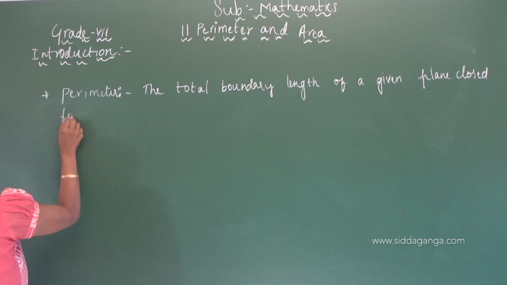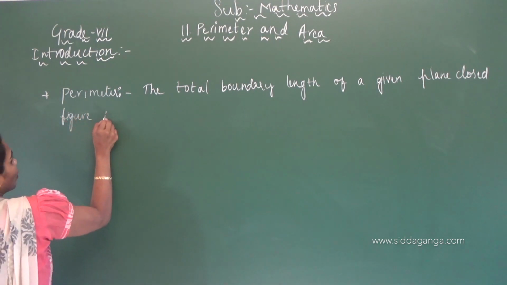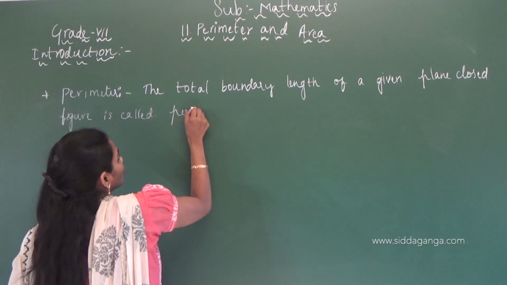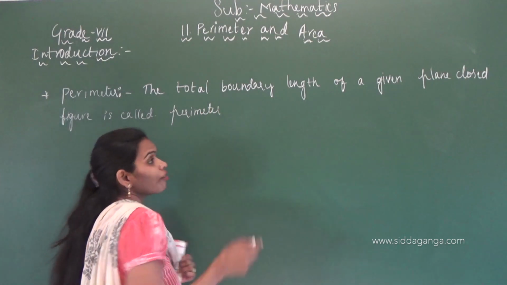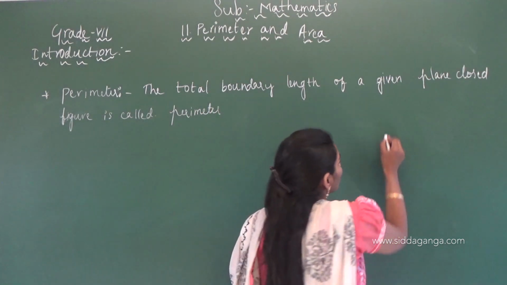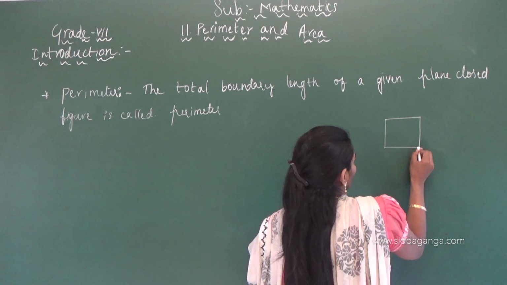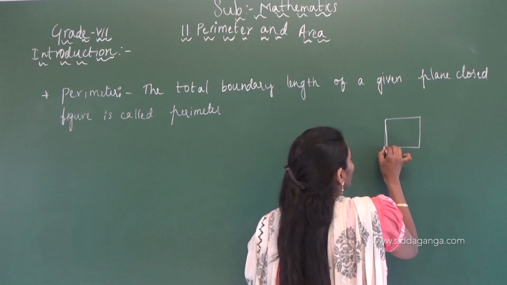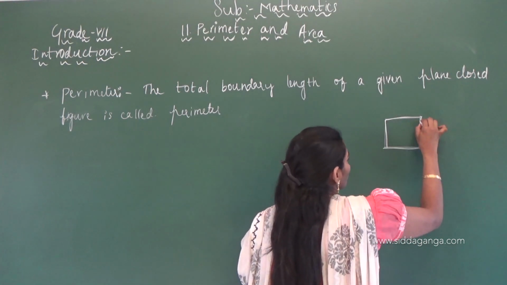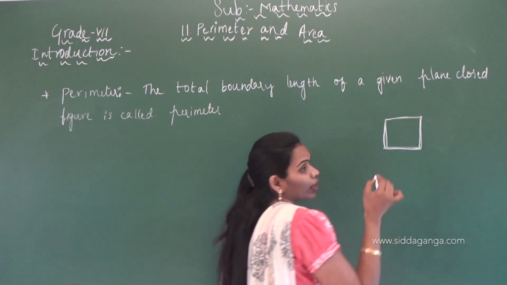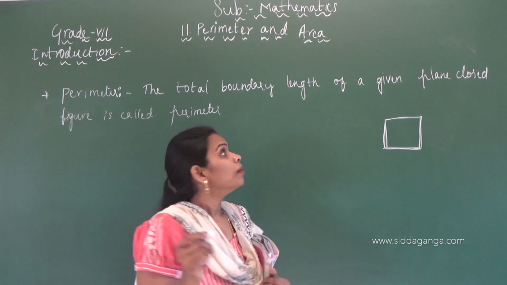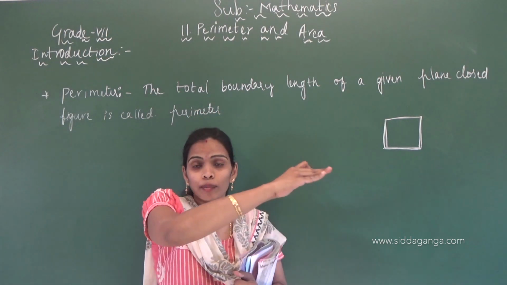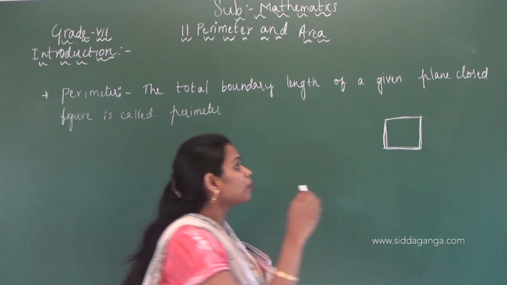If any plane figure is there, the total boundary length of a plane figure is nothing but perimeter. The total boundary length of a given plane closed figure is known as its perimeter.